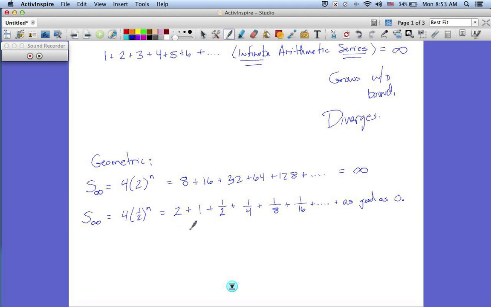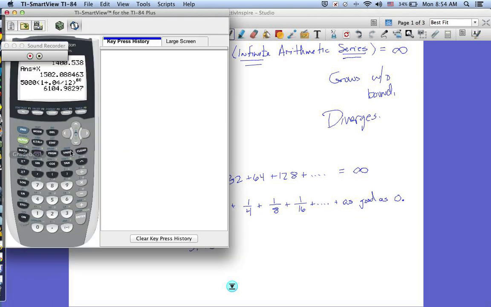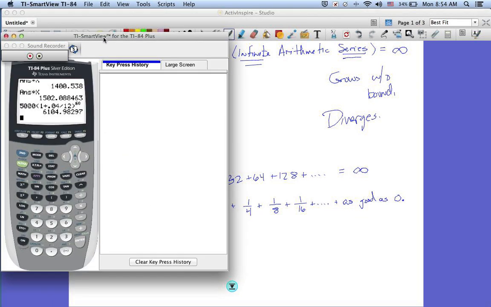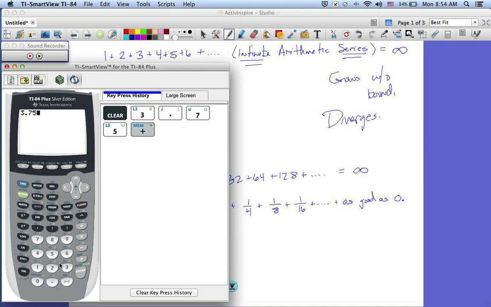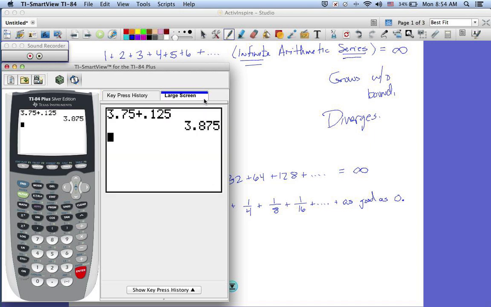So 2 plus 1, 3. Plus a half is 3.5. Plus a quarter is 3.75. Plus an eighth, I'm going to bring out the old trusty calculator here for this one, just so you guys can see everything here. 3.75 plus an eighth, 0.125, is 3.875.